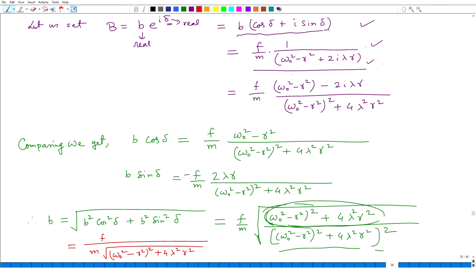And in the same way, you can also write an expression for δ. How to do it? You just have to divide this thing by this thing.